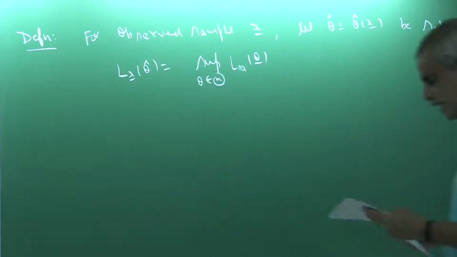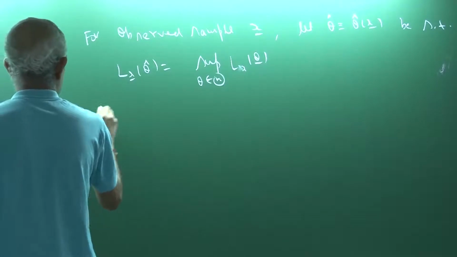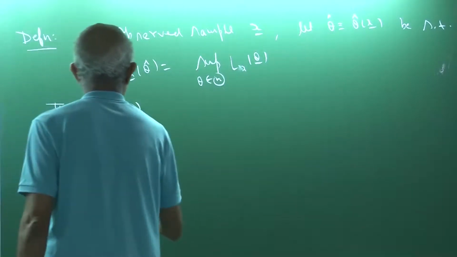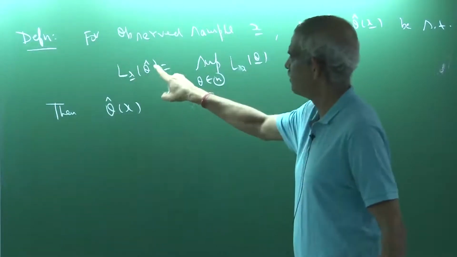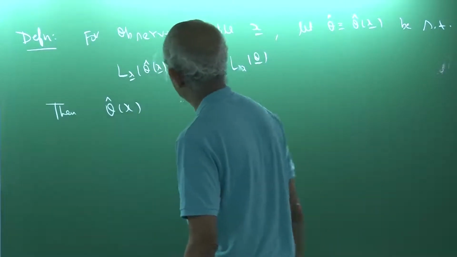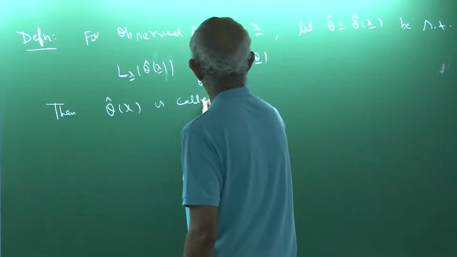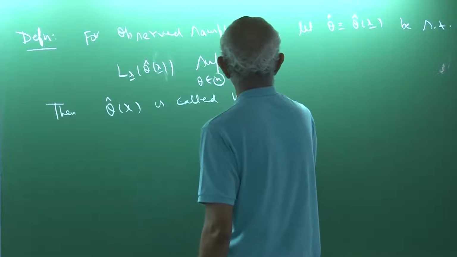Then theta hat is called the MLE of theta. Of course, theta hat is a function of x, so let me write theta hat(x). Then theta hat(x) is called the maximum likelihood estimate.